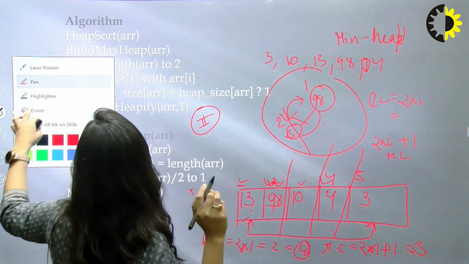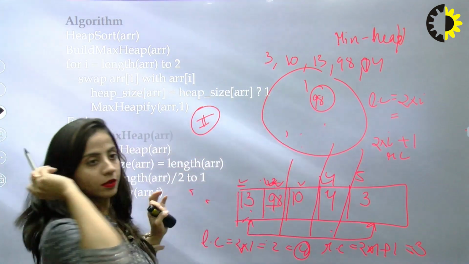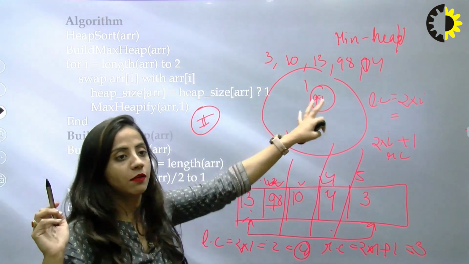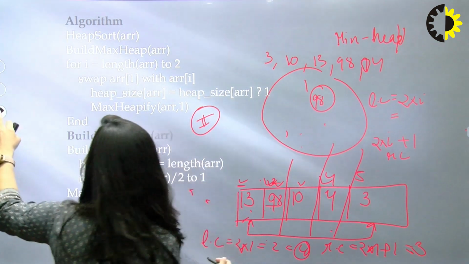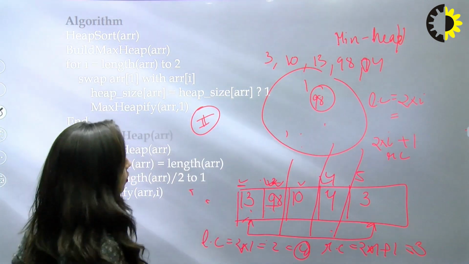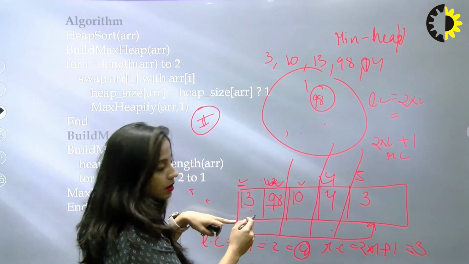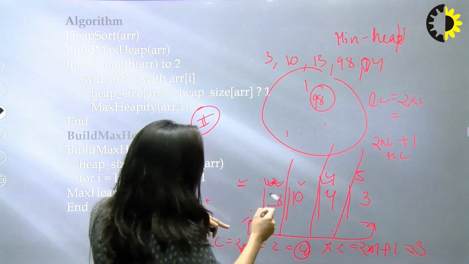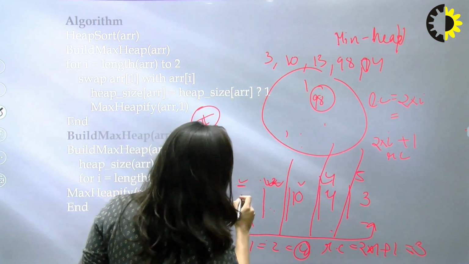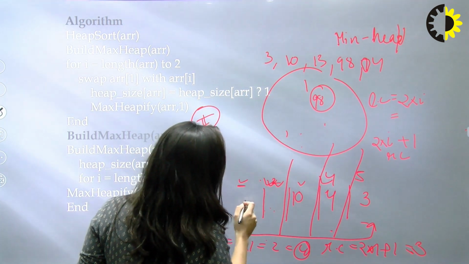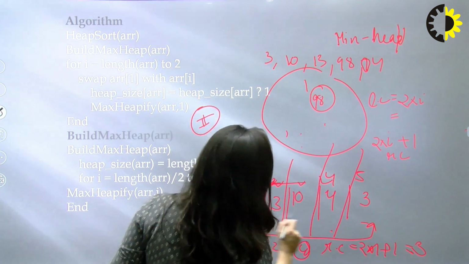Now my final tree will look somewhat like this with one node in it. Okay, this is my final heap tree. Now continue the same operation in the array form. Swap these values. This is the leaf node. Now this 98 will be put here and 13 will be put here.